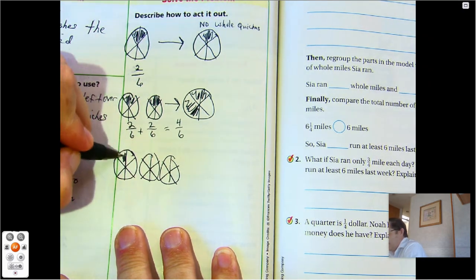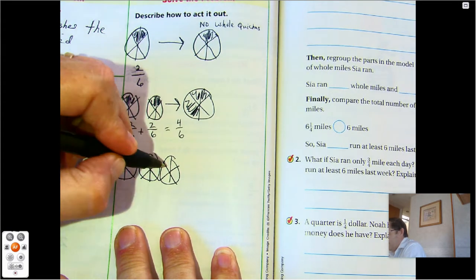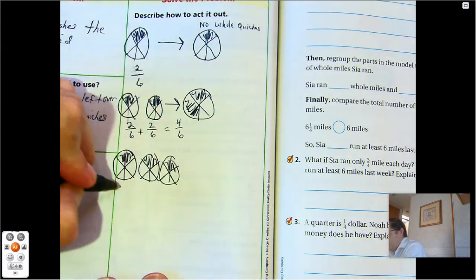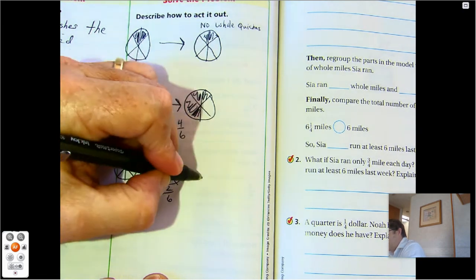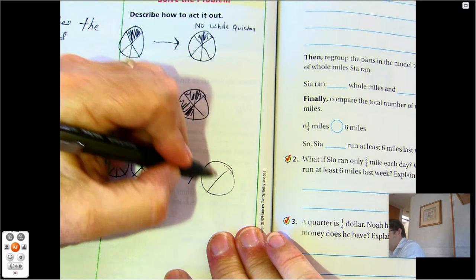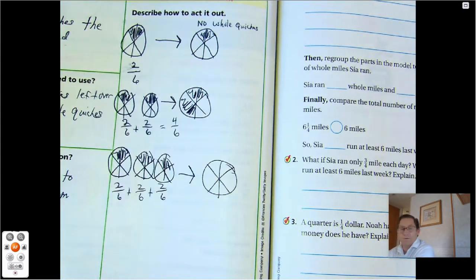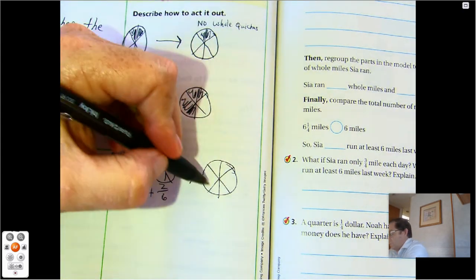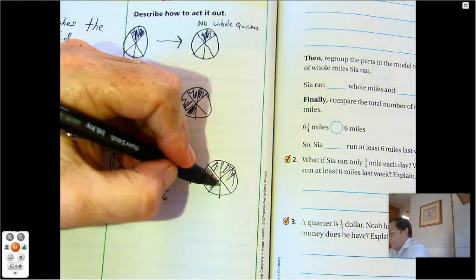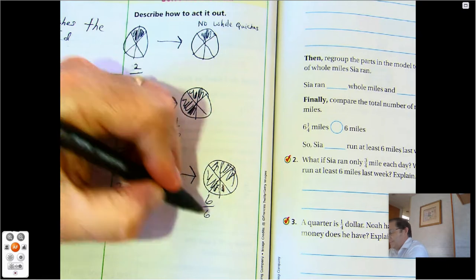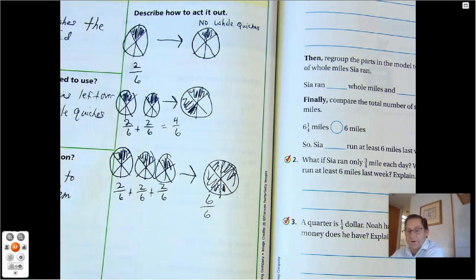So each dish had 2/6 left. All right, so 2/6 plus 2/6 plus 2/6. So 2, 2, and 2. Okay, so now we have 6/6. So we've got 1 whole now.